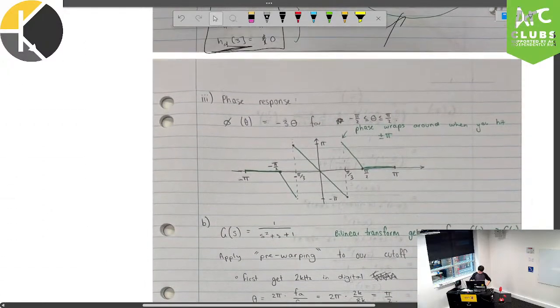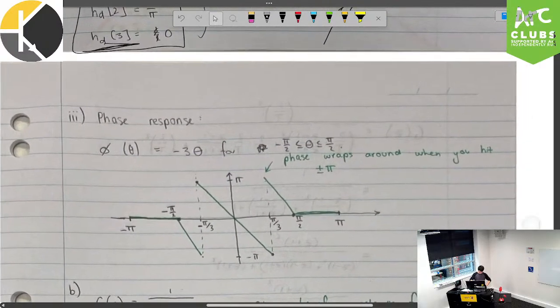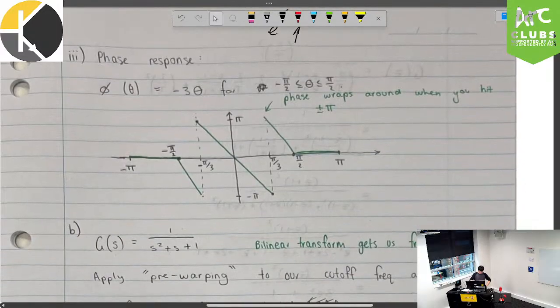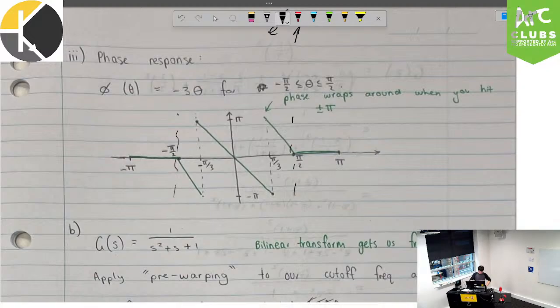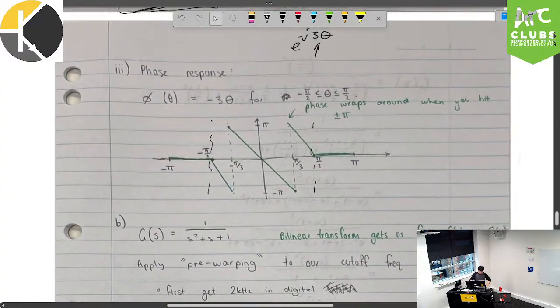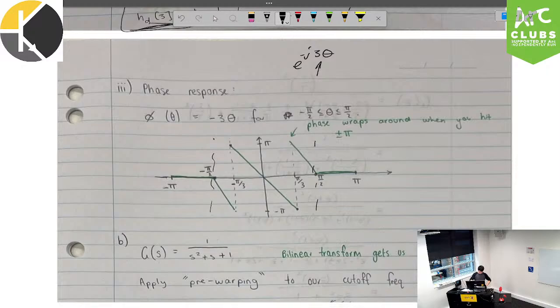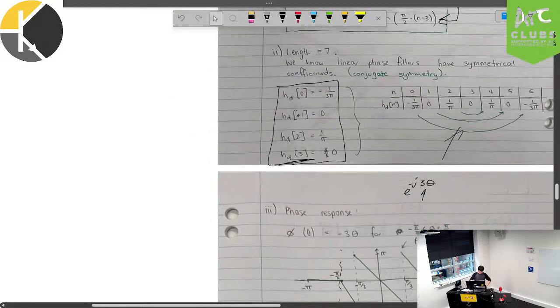Since we had e to the minus j 3 theta, we look right up here, and there it is, minus 3 theta. Lovely stuff. But then it cuts off to 0. Okay? And so here we have it. You apply the same gradient, and you recognize cutoffs to keep it bounded between pi and minus pi. Lovely stuff.